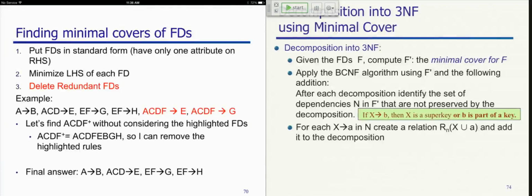So if I have a rule which says AC gives you B, then after I'm done, I'm going to make sure that this rule shows in one of my tables. If I currently don't have a table which has all three of these attributes in it, I'm going to add a new relation, depending on what I'm at currently, and I'm going to add A, C, and B as a relation as well.